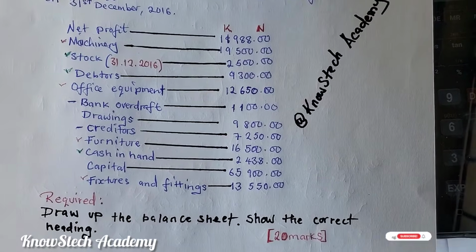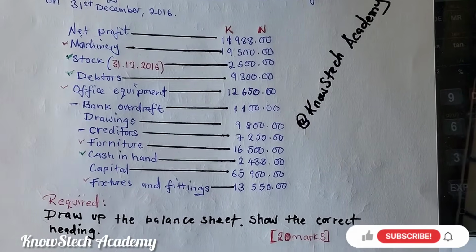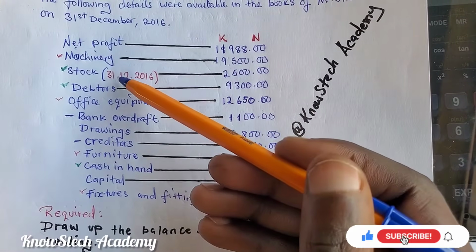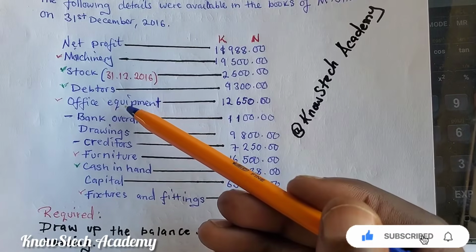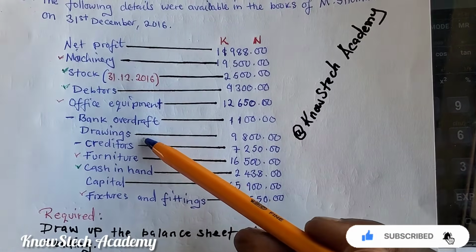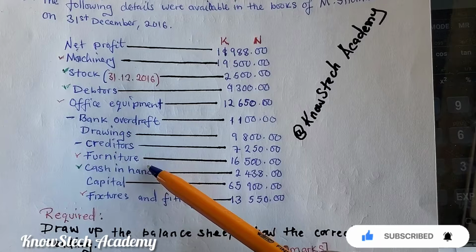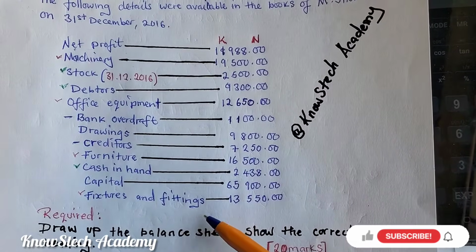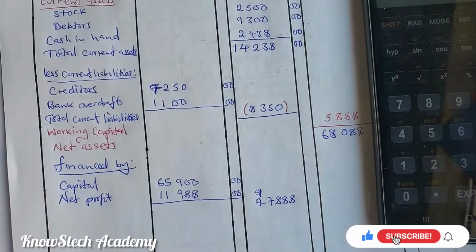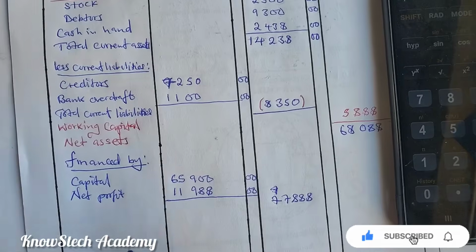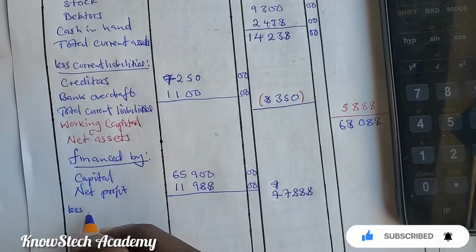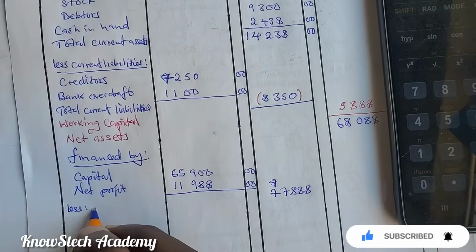According to the list here, I can't see any long-term liability, starting from the net profit, machinery, then we have stock, debtors, office equipment, bank overdraft, drawings, creditors, furniture, cash in hand, capital, fixtures and fittings. We don't. Since we don't have long-term liabilities, we are going direct to subtract the drawings. So we're going to write less drawings.